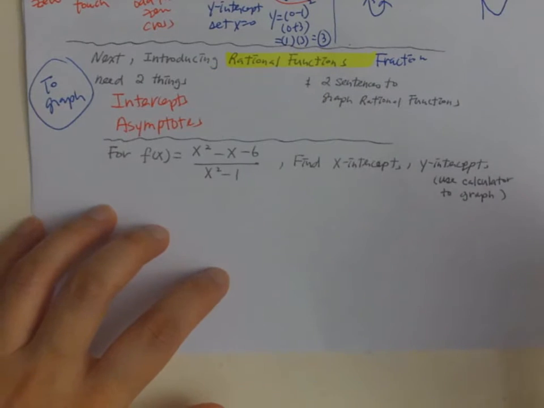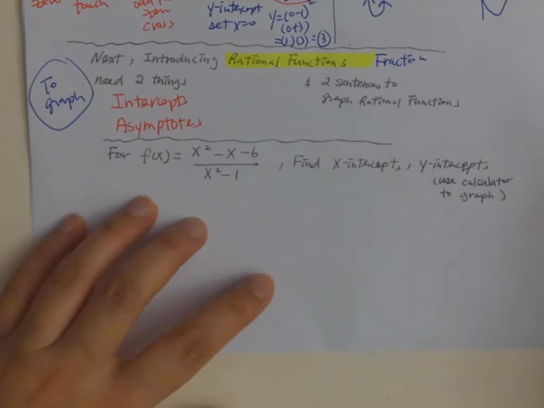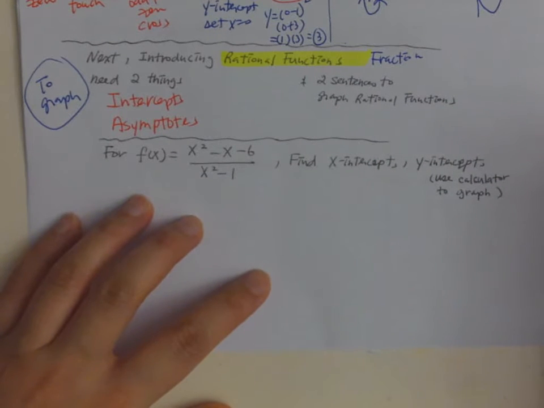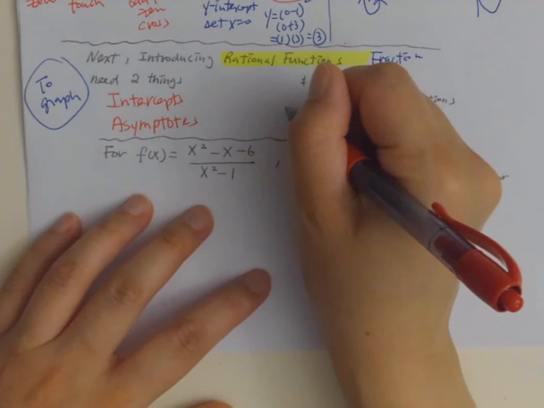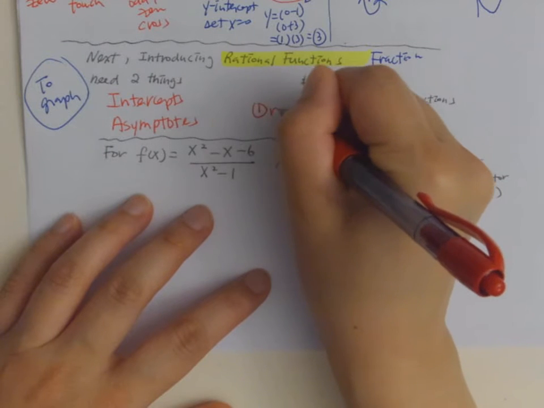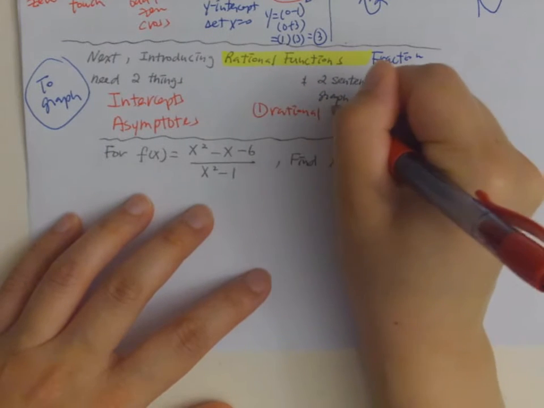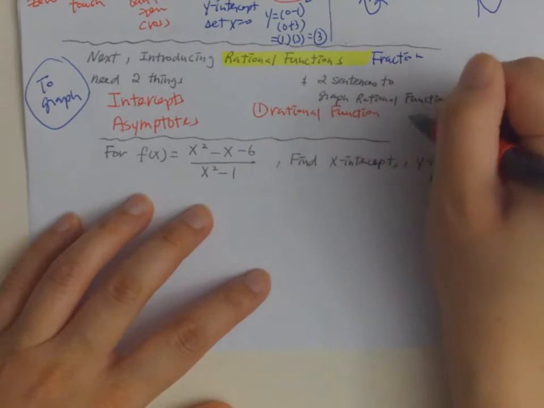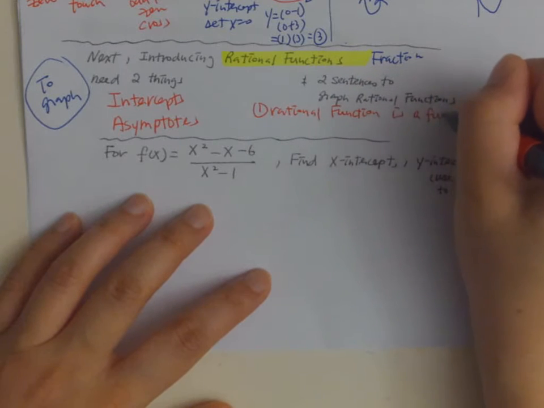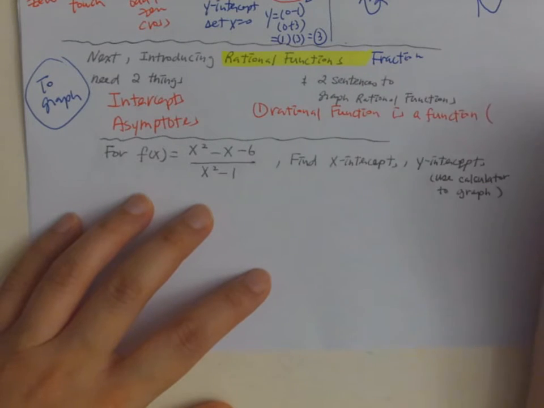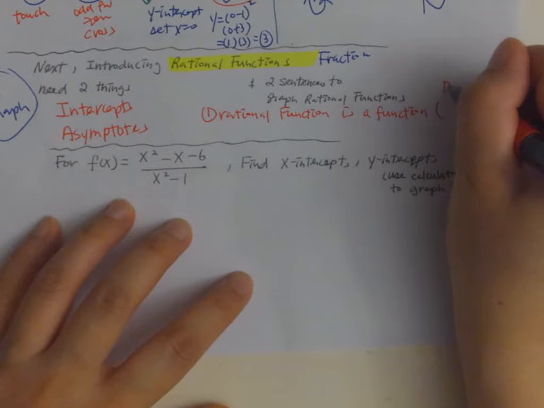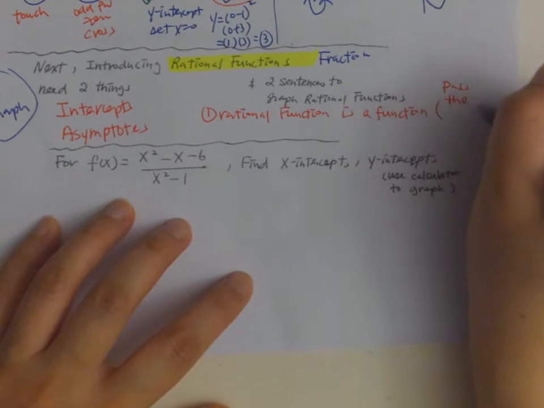Okay, and there are two sentences I want you to remember related to rational functions. One is that the rational function is a function, which means it should always pass the vertical line test.